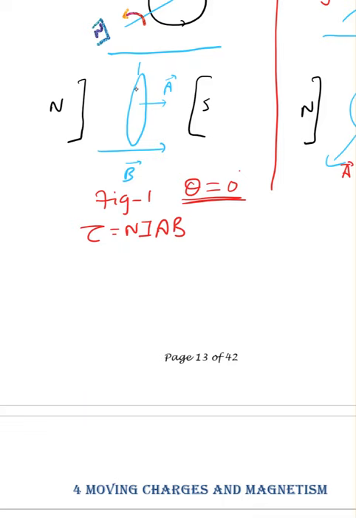And in this case, if you allow some current to pass through it, the magnetic field lines will be like this. Say this is the current direction and this is how we will have the magnetic field lines. And what is the direction of the external magnetic field?